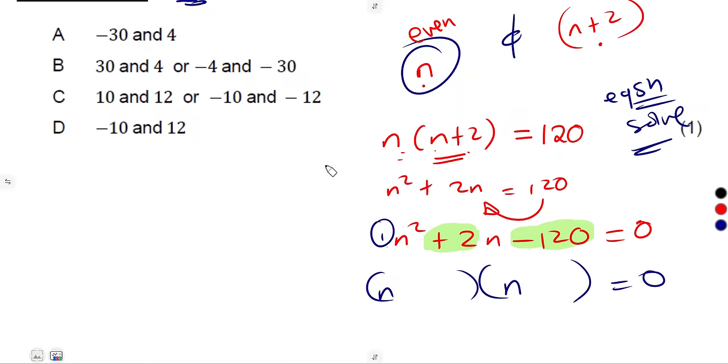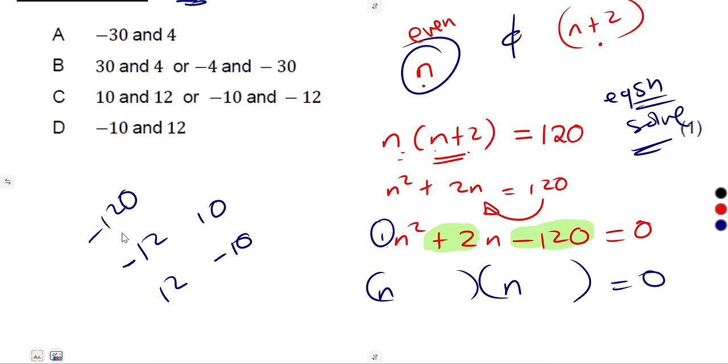So many factors of negative 120. But to get a 2, let's consider 12 and 10, with signs. Okay, let's do it this way. Which one is going to give us a positive 2 when we add?